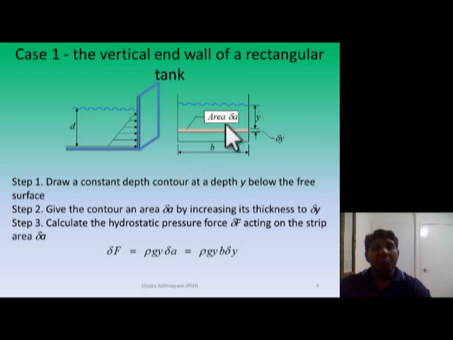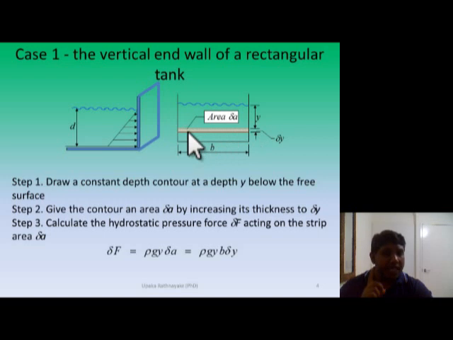Now, next we calculate the hydrostatic pressure force delta F acting on this strip. How do we calculate the hydrostatic pressure force on this strip? It's the pressure on this strip times the area. Now the pressure acting on this strip is rho g y, and it's a uniform distribution.